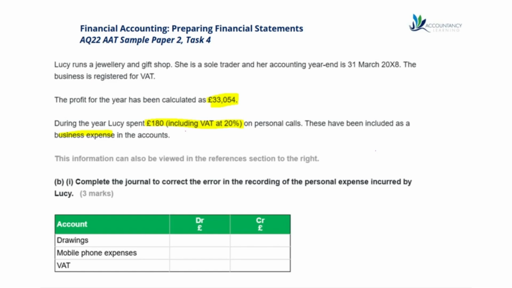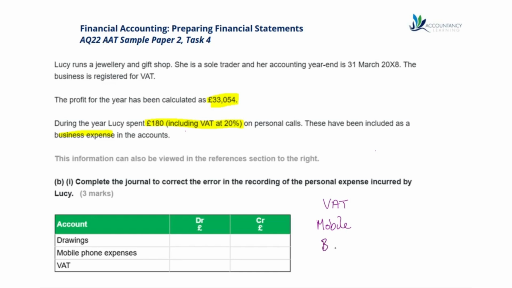Now with this one, we've got VAT to think about. So let's have a look at how the expense will have been put in. So we are going to have had a VAT account, the mobile expenses account, and then it would have either been cash book or bank.